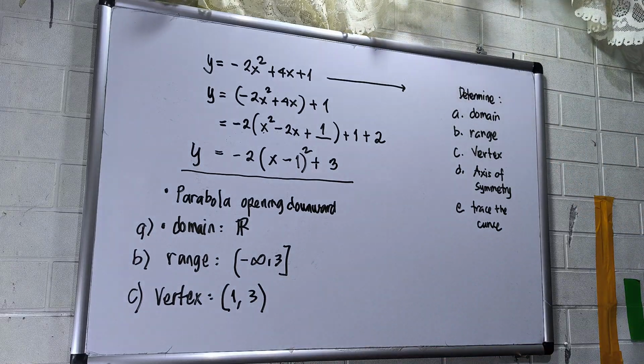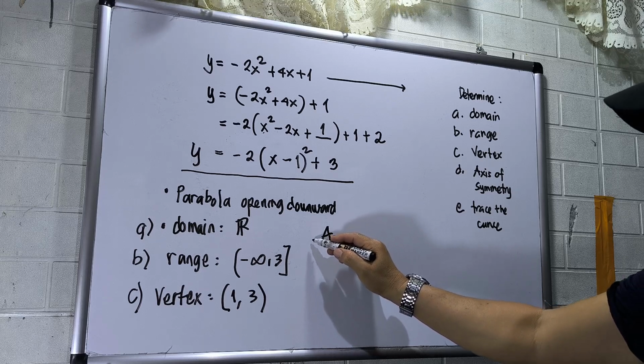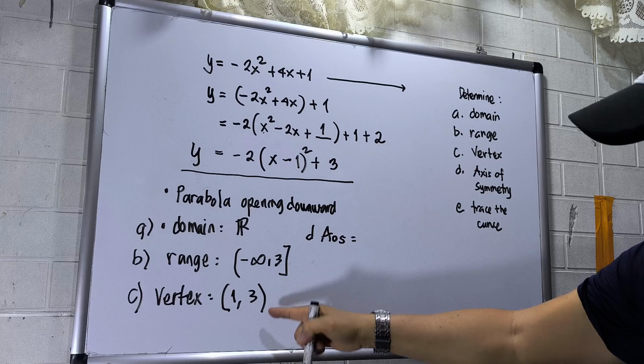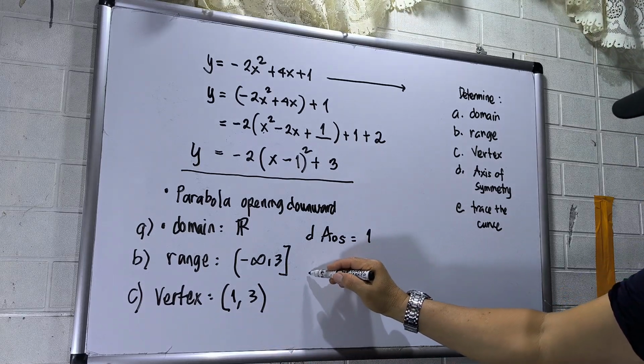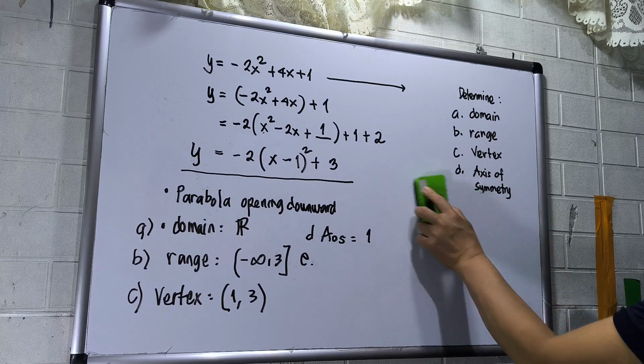What's next? Axis of symmetry, AOS. This will be D, x is equal to h, which is 1. And then E will be trace the curve. Okay? So I will trace the curve.